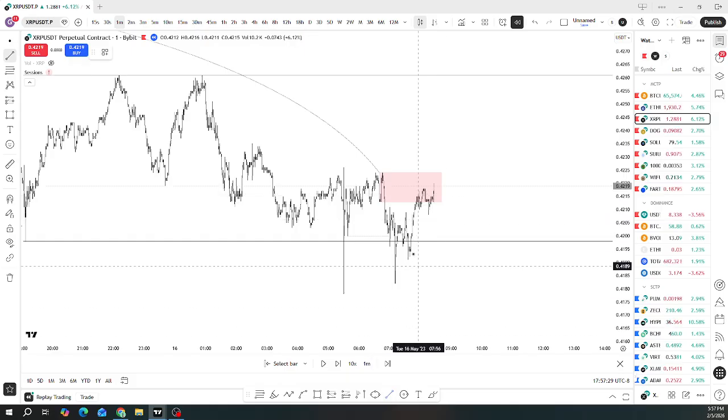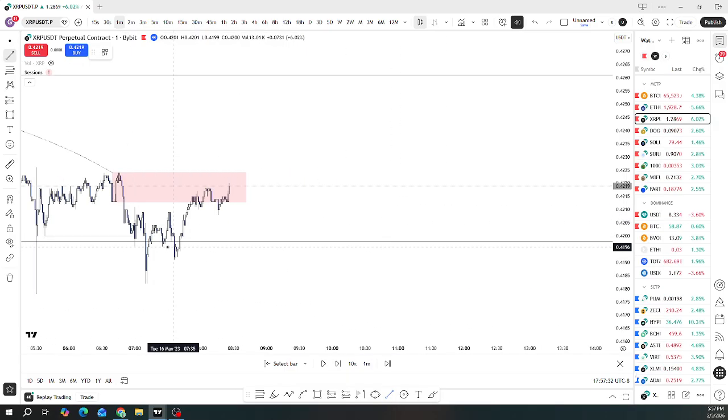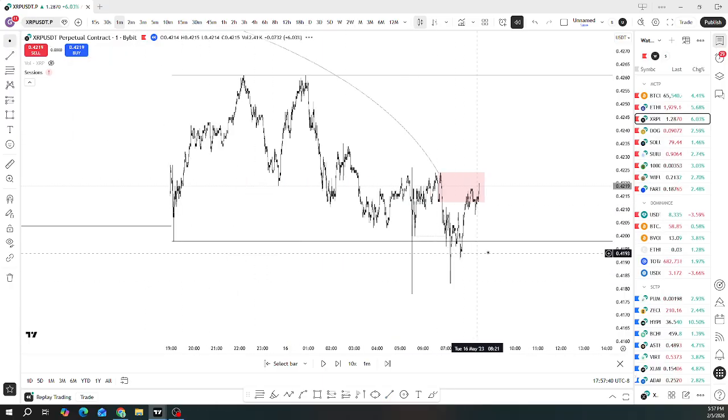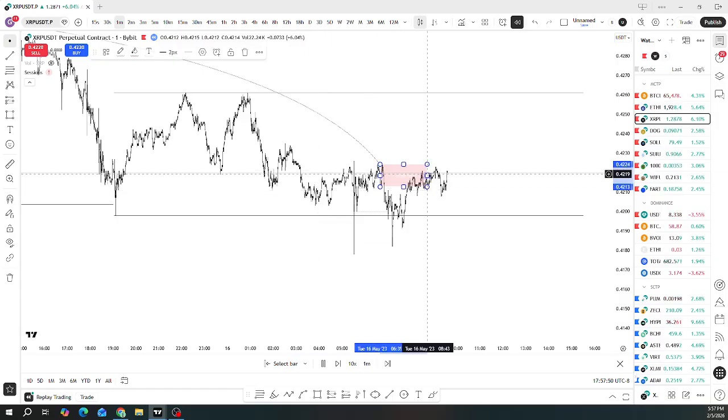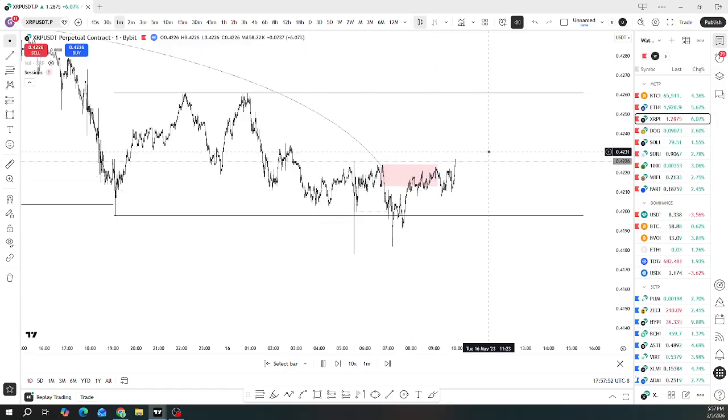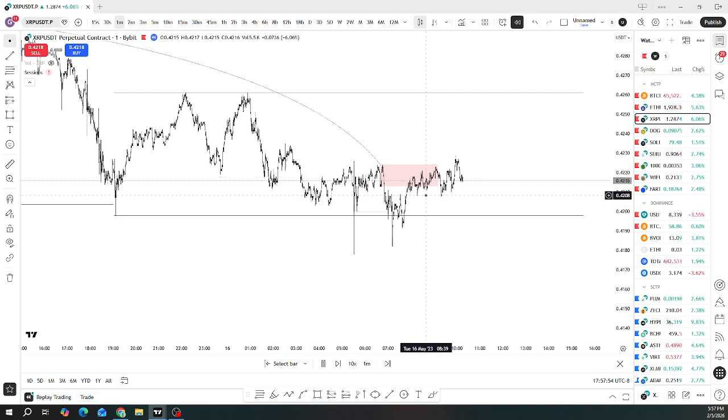Technically this would have been your confirmation. I mean, technically there was no valid structure there. Some sort of a local distribution into that supply. Hit the target.